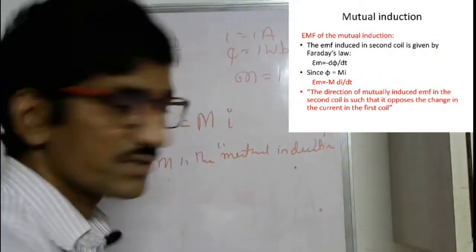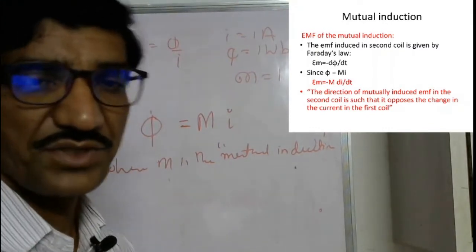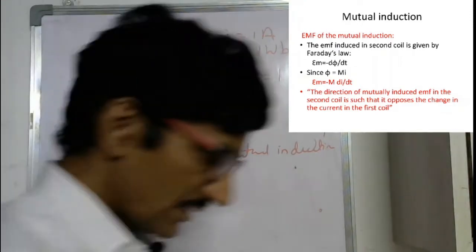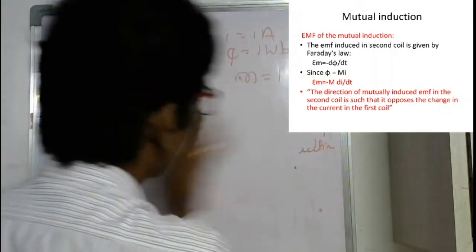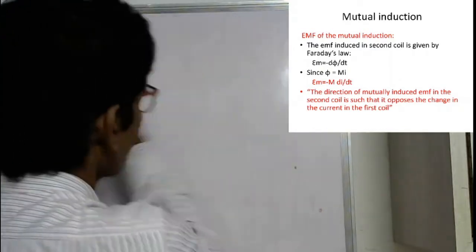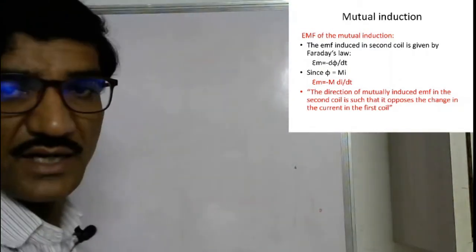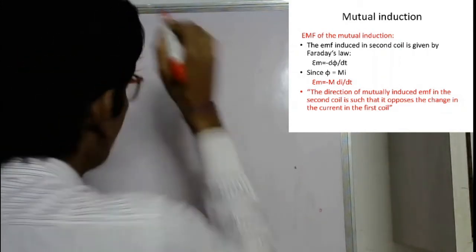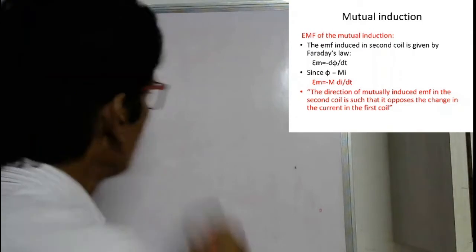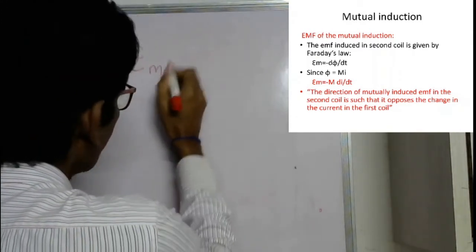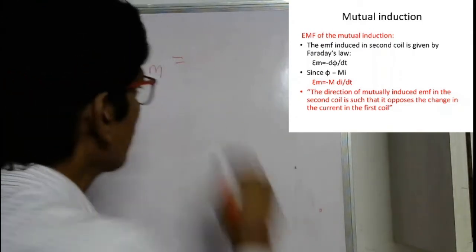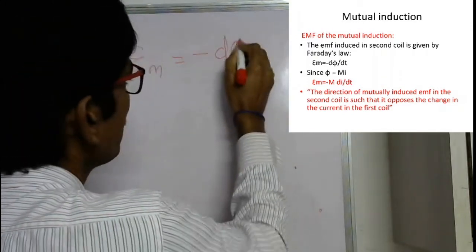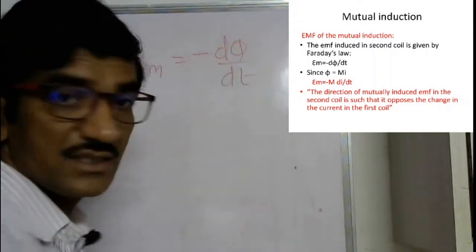Similar to the self-induction, let us try to give the EMF of the mutual induction. For this purpose, we use Faraday's law as in the case of self-induction. Here we have induced EMF in the secondary coil. This is the EMF of the mutual induction. According to Faraday's law, any induced EMF can be written as a negative rate of change of magnetic flux.